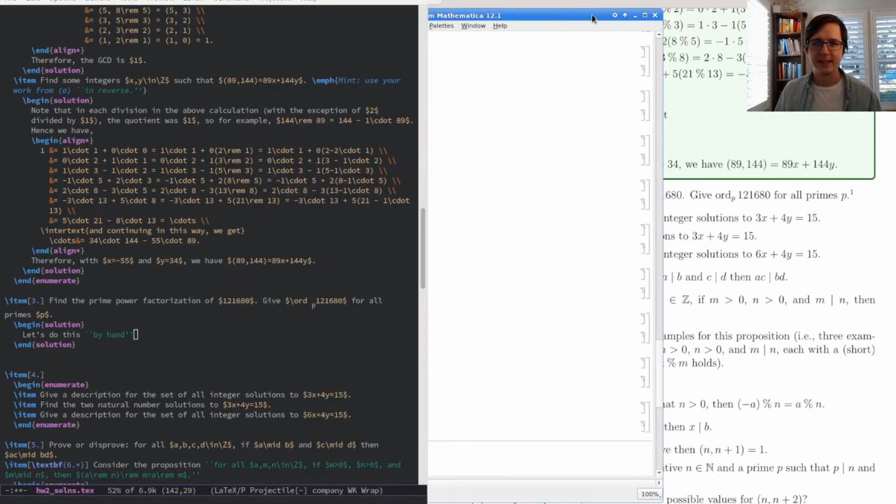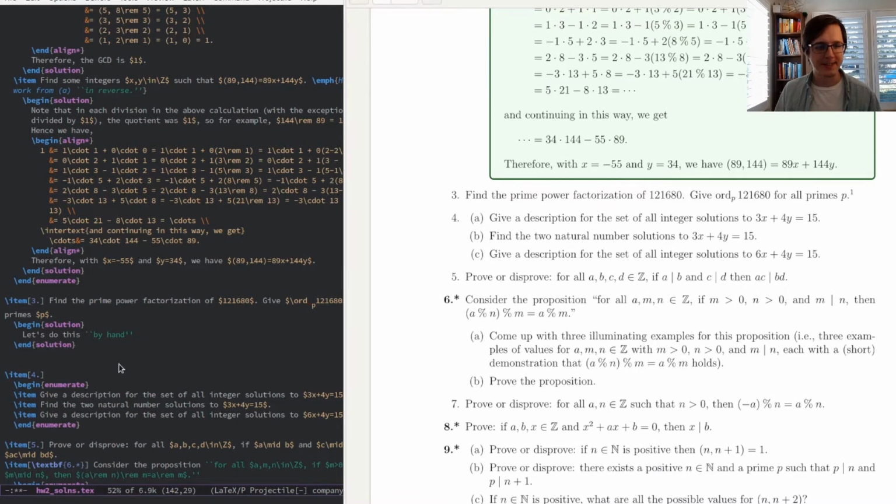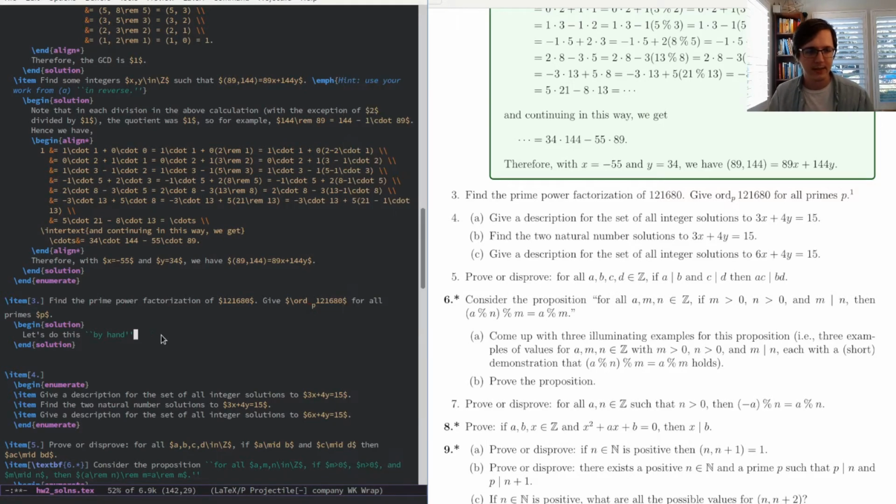That happens to match what we found, so that's good. I guess it used the same algorithm. Okay, so let's do this by hand, showing some work, but it really is fine just giving it and showing that that's correct.